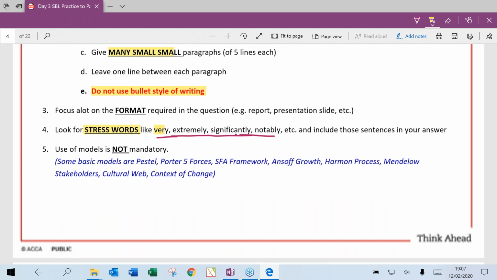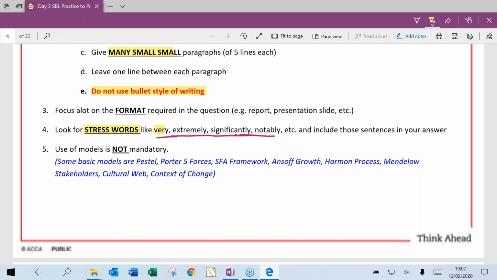The fifth point is that use of models is not mandatory. So do not try to forcefully use a model. Try to decide and think if the answer can be managed straightforwardly, then go for a straightforward style rather than using a model.